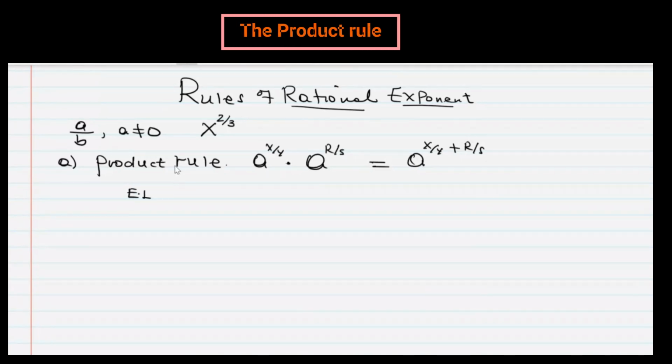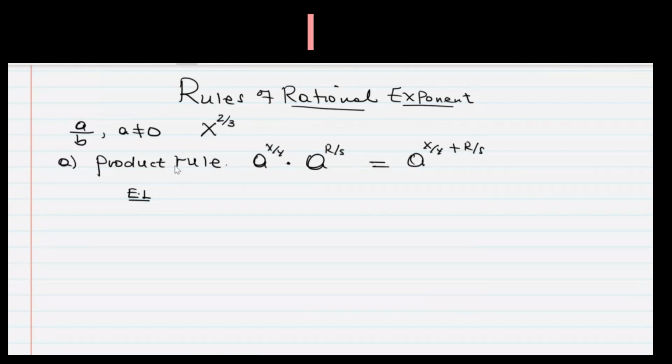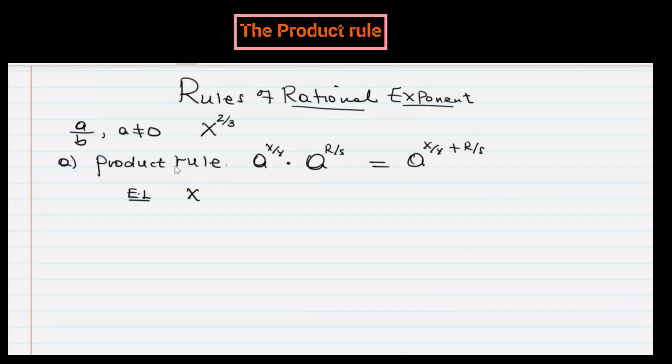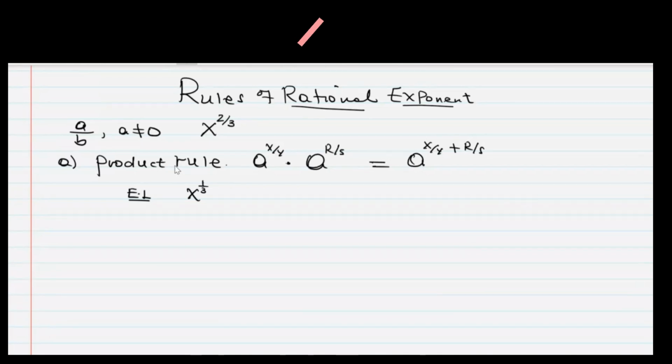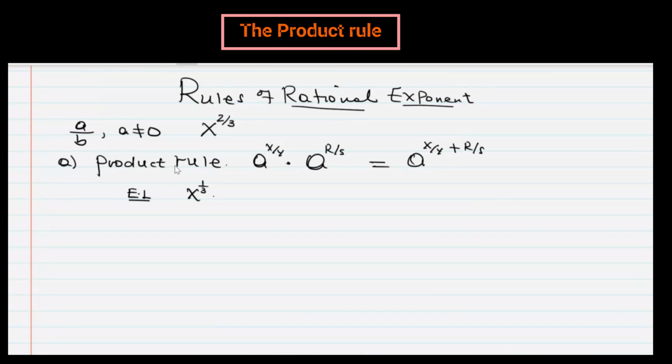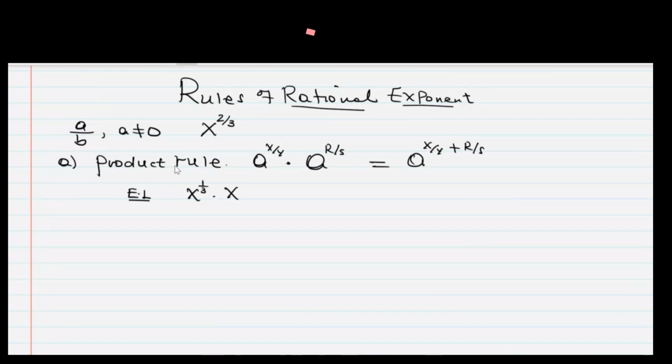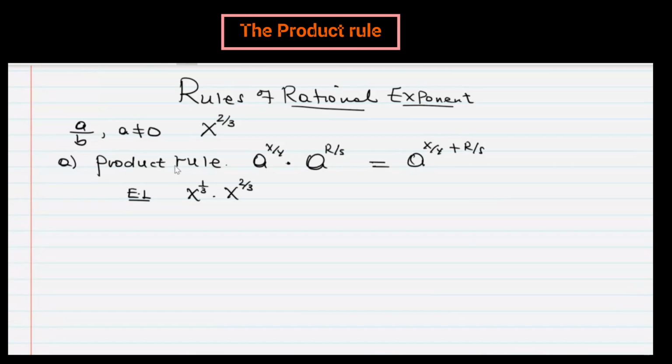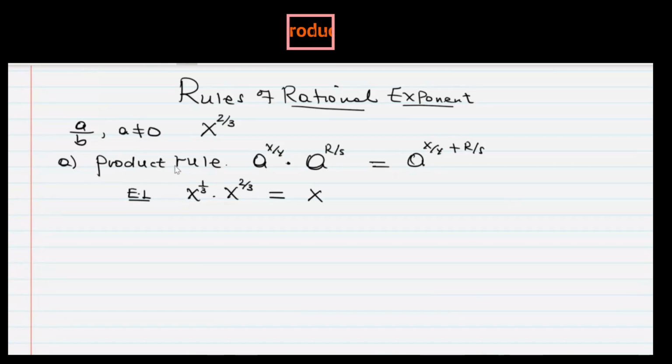Example one. Let me give you one example on this. You have x with exponent 1/3. The 1/3 is the rational exponent, obviously. And then if you multiply that x by x to the 2/3, you pick one x and then you add the two exponents, 1 over 3 plus 2 over 3.